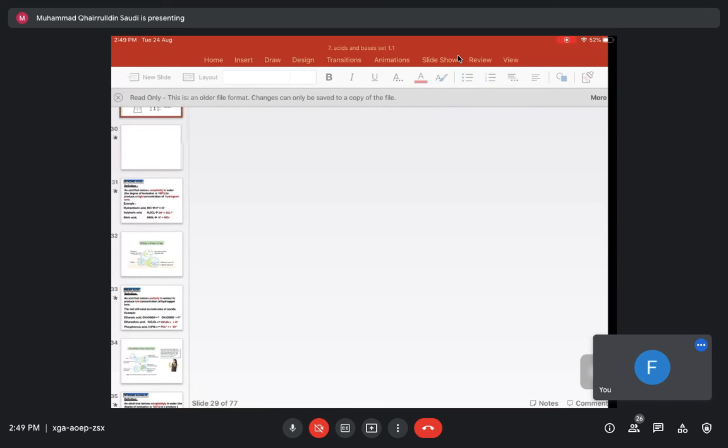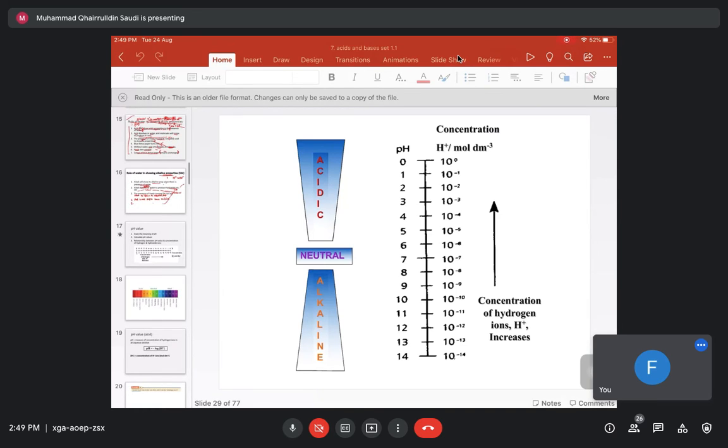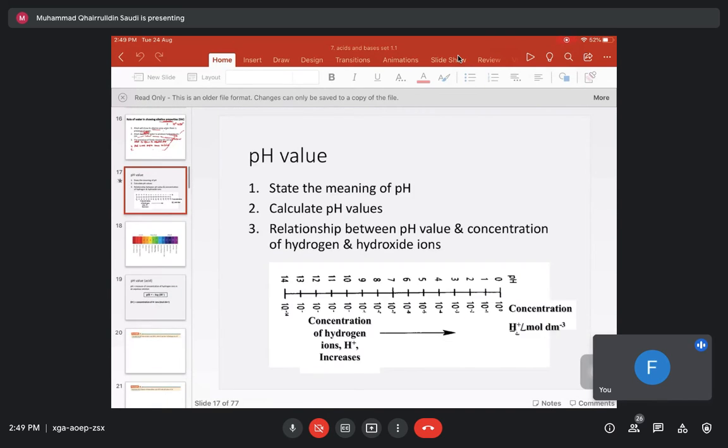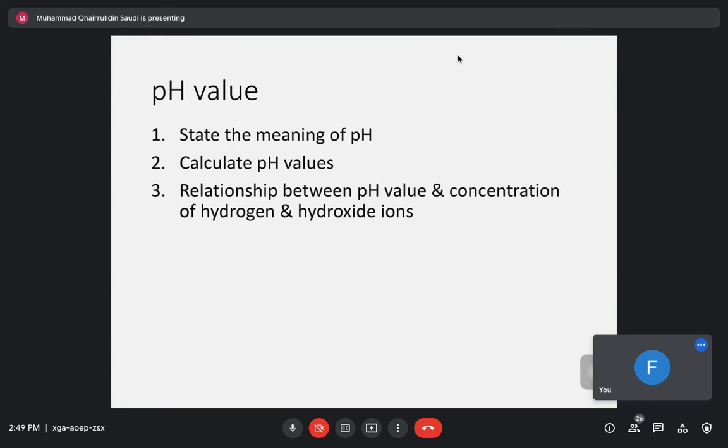So, pH. Okay, pH tadi. Meaning of pH. Have you already know the meaning of pH? Okay, yes. How about to calculate pH value?